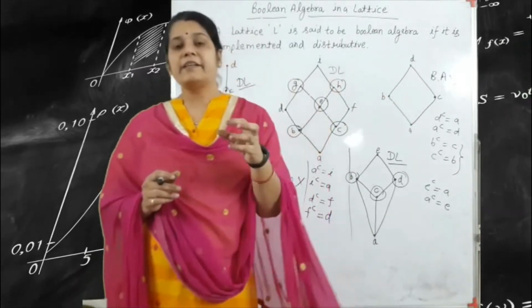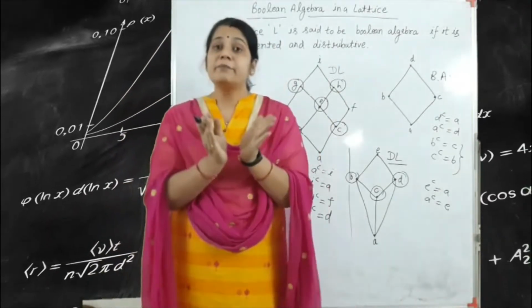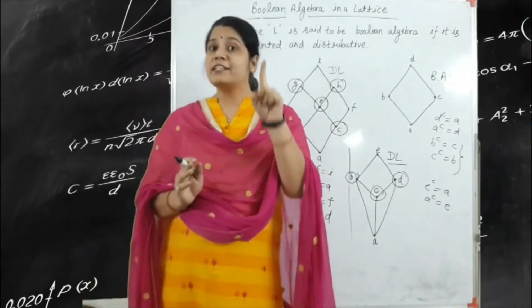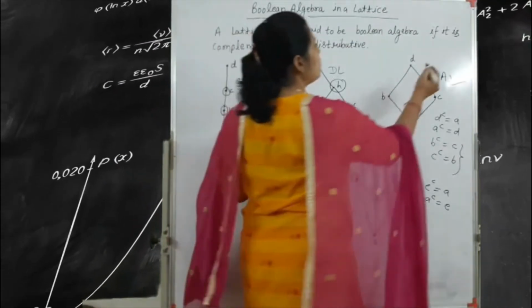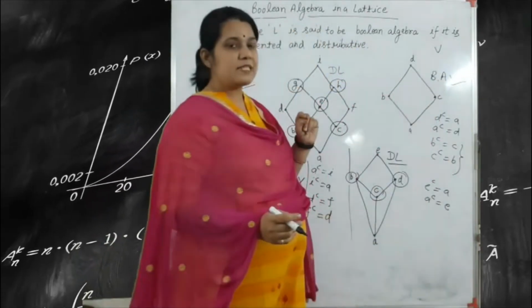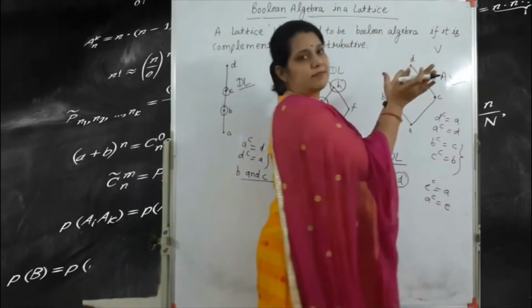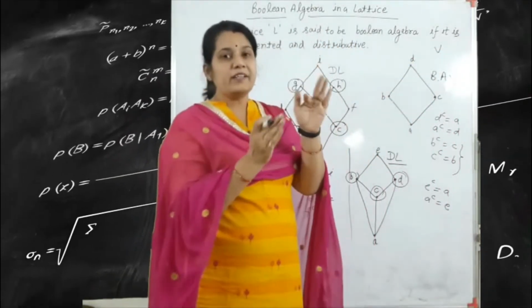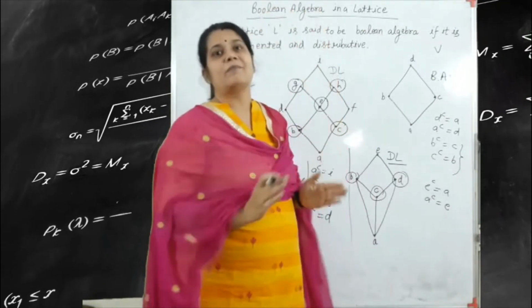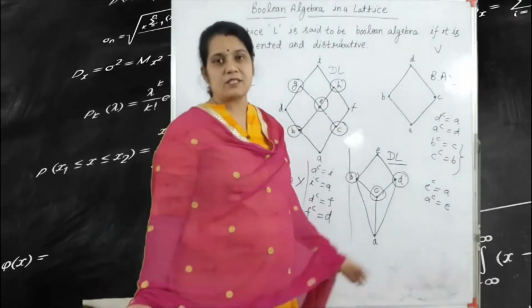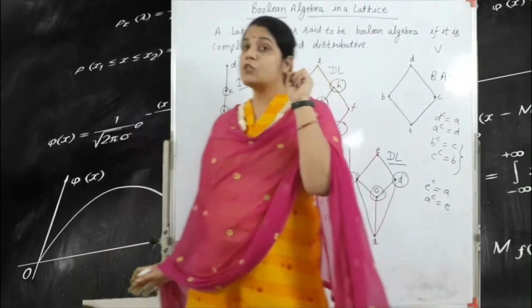Always, if you find the join and the meet, don't be confused here by the sign, because the sign of the join is this. So sometimes students are confused here and they count this meet sign. Okay, so join means the top of the system and meet means the bottom of the system. So always we find the complement.